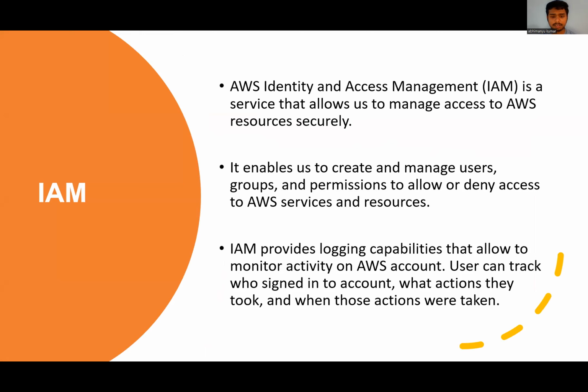We can create and manage user groups and permissions to allow or deny access to AWS services and resources. IAM provides logging capabilities that allow us to monitor activity on the AWS account. We can also track who has signed in, what work they have done, and these actions.